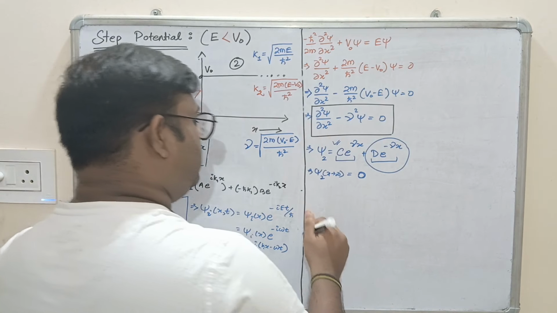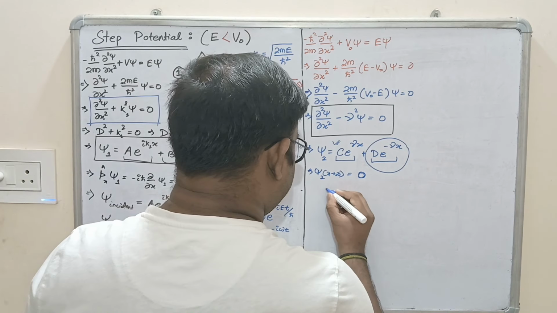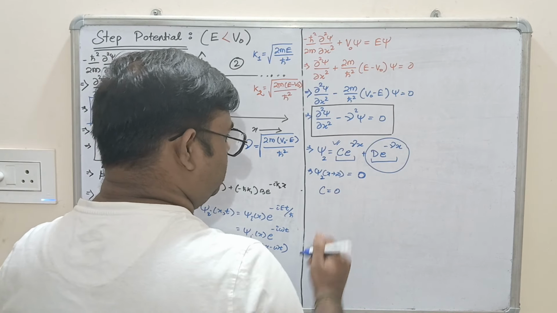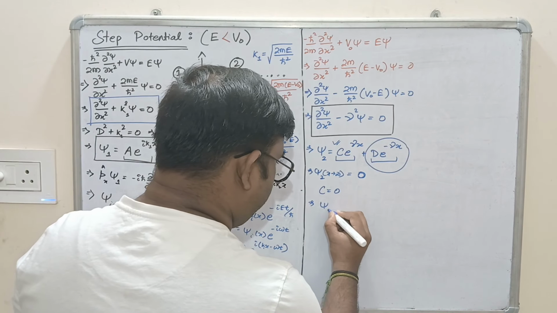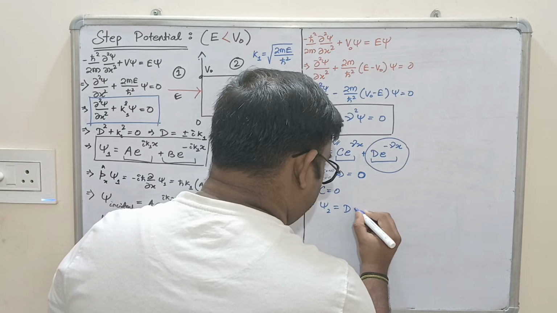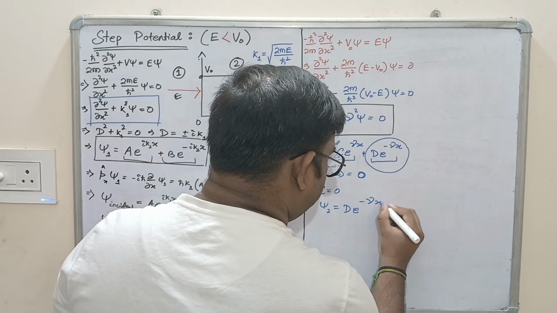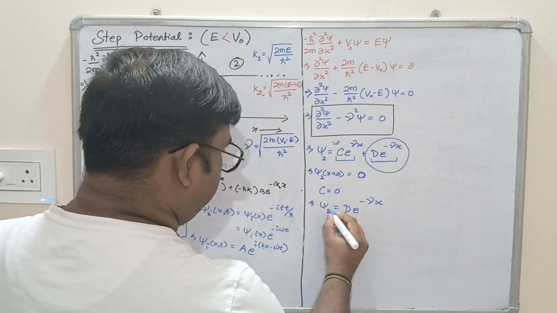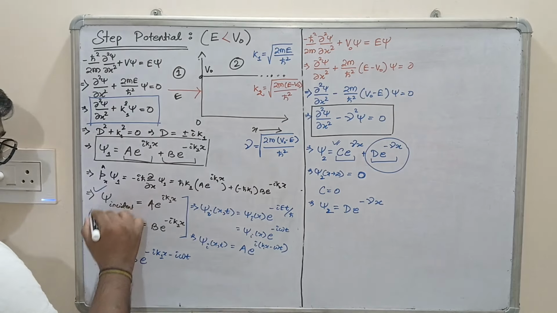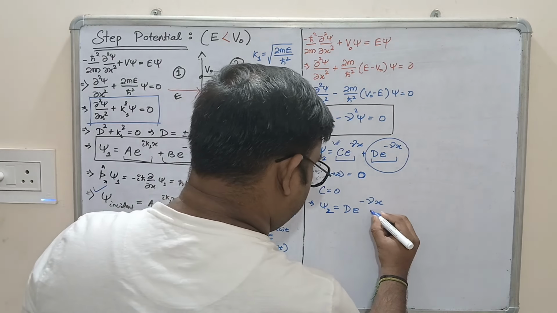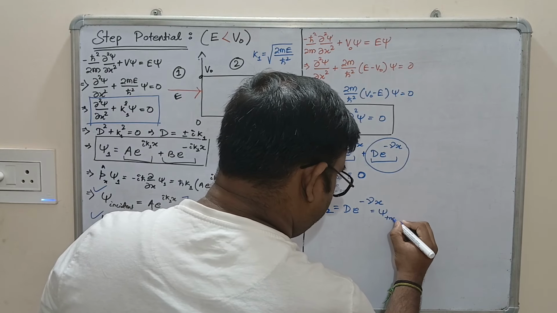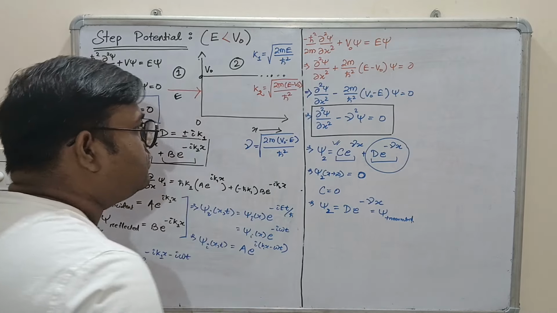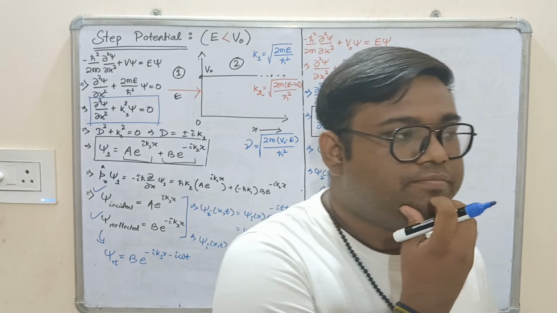So we have to take solutions where c is equal to 0. We will try to avoid this wave function. So now what does psi 2 become? Psi 2 becomes d e to the power minus nu x. Yes or no? This was the incident wave, this was the reflected wave, and this will be the transmitted wave. Yes, this will be your transmitted wave.